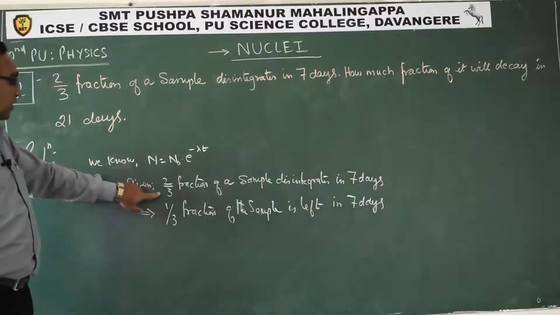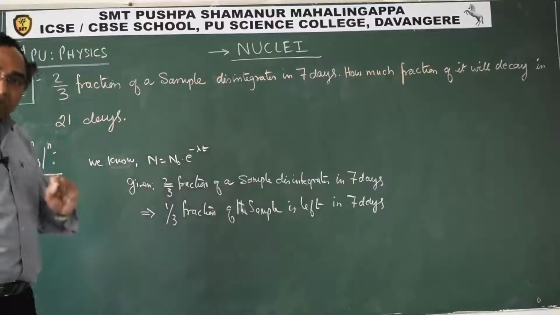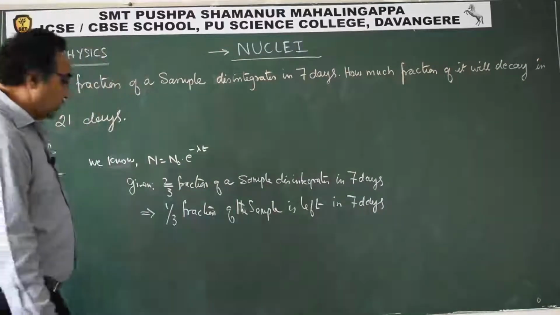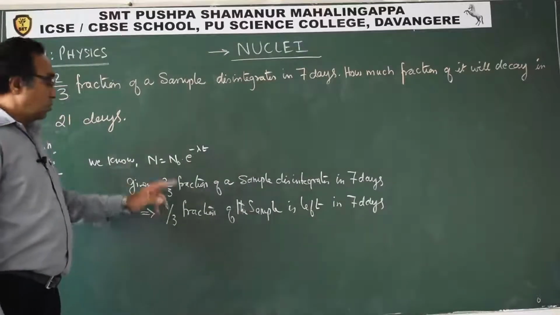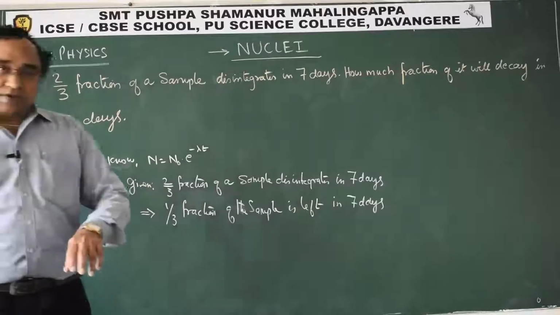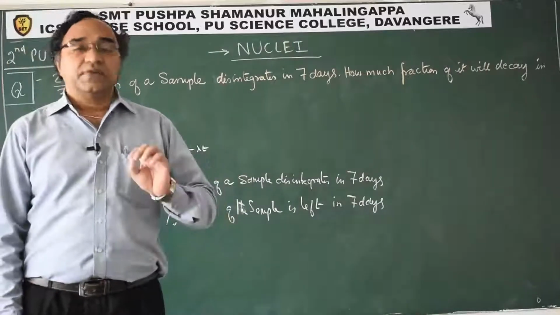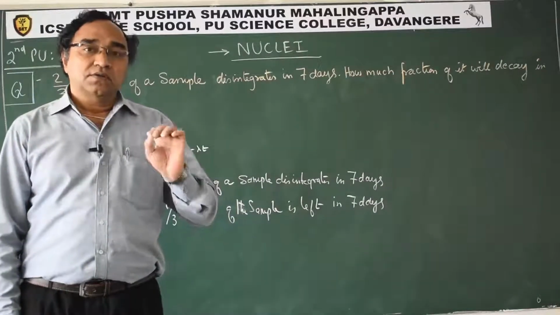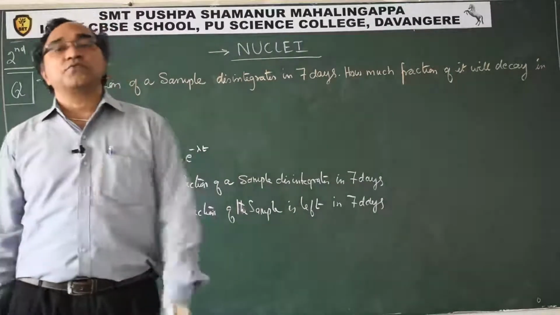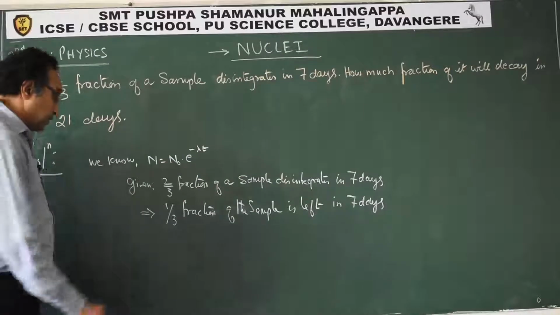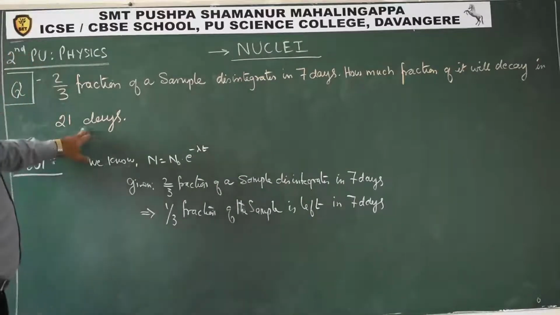If 2/3 fraction disintegrates, then what is left out? 1/3. Please understand this. 1/3 of the sample is left out. How? 1 minus 2/3. If I take 1 as the n naught, how much is disintegrated? 2/3. So what is left out? 1 minus 2/3. That is 1/3. Now it says 21 days.